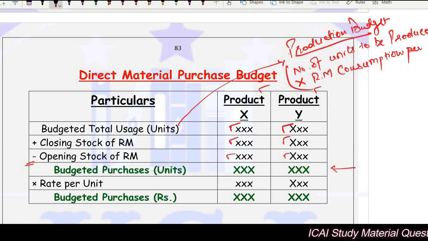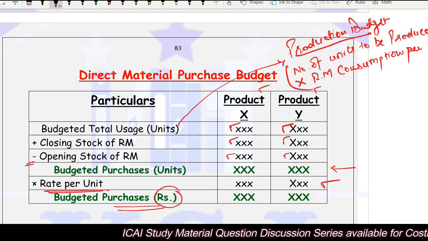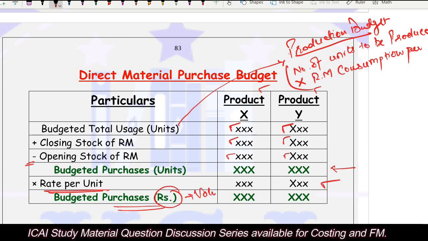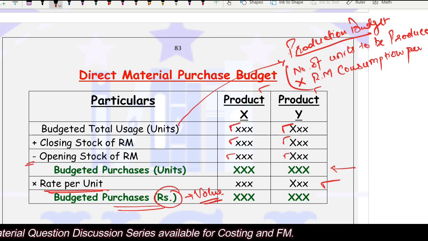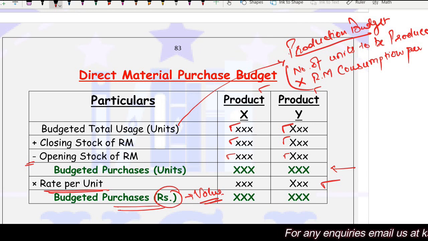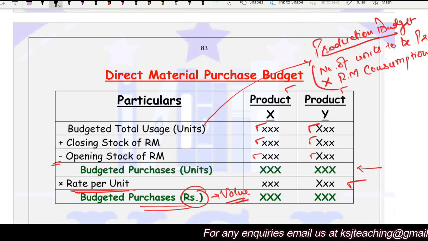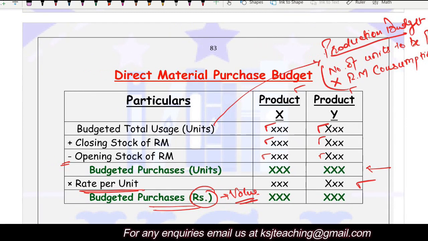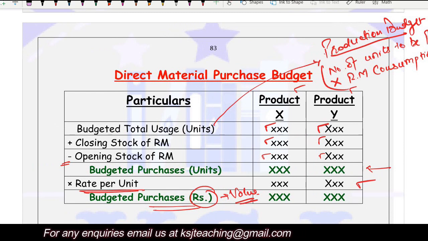Now multiplied by the rate per unit, that will give you the budgeted purchases in value. This will give you the value of the raw material that is to be purchased, right? So this is generally how the direct material purchase budget is prepared. Now, the format or anything can vary depending upon the information that is given, right?